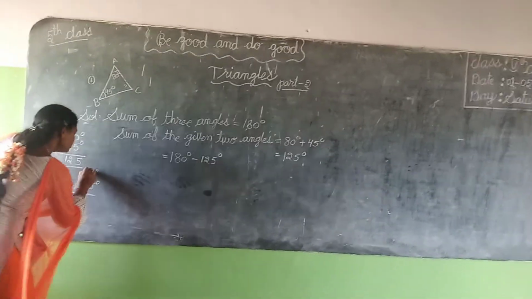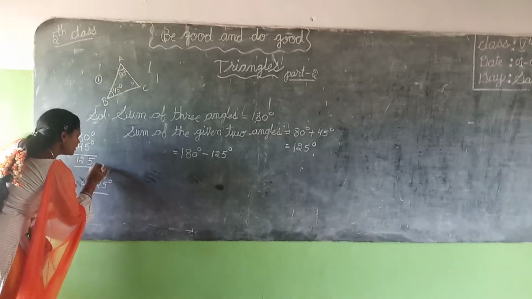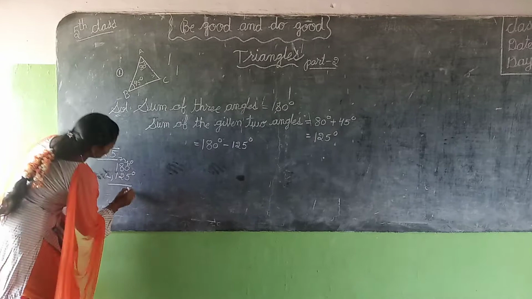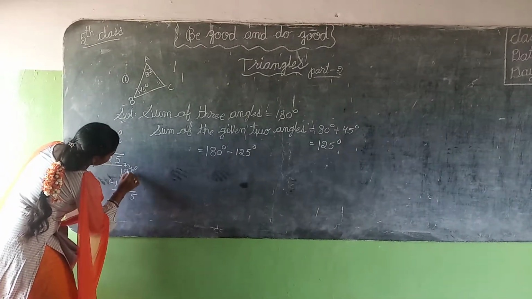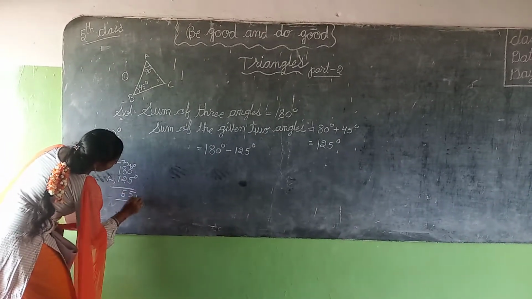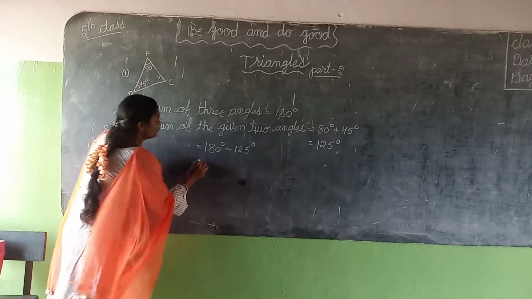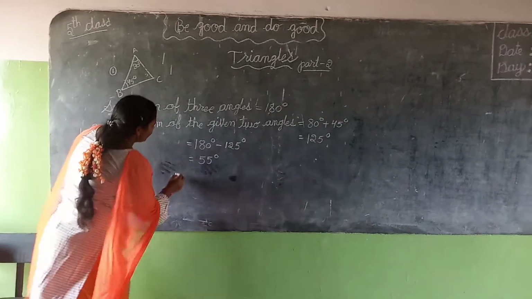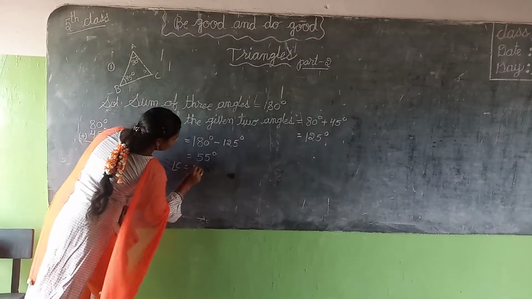Not possible, so borrow. 10 minus 5 is 5. 8 minus 1 is 7. Next, 7 minus 2 is 5. So what is it? 55 degrees. So angle C is equal to 55 degrees.